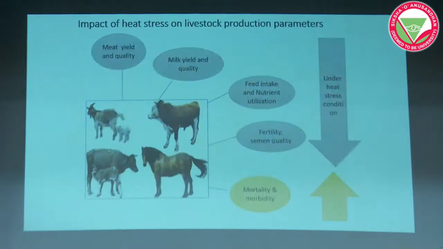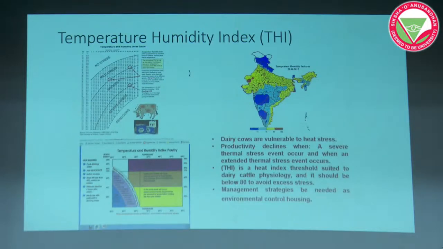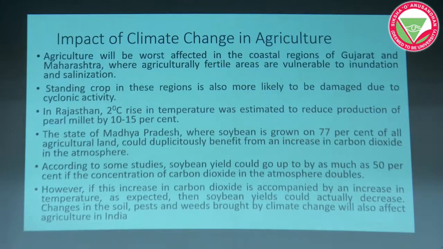And for animals, we have seen that if there is a temperature increase and stress, there is a huge reduction in milk, and different indexes are now being used. So more studies are required for the animal sector also under climate change.